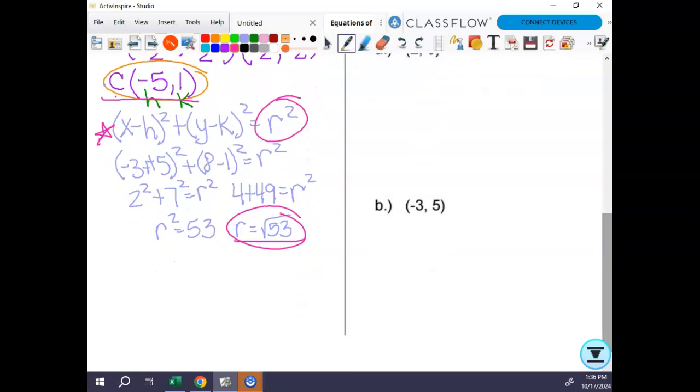Okay, so now I put this in here using this. I've got x, and remember I'm replacing h and k and r. So x minus h, which is -5 squared, plus y minus 1 squared equals the square root of 53 squared.